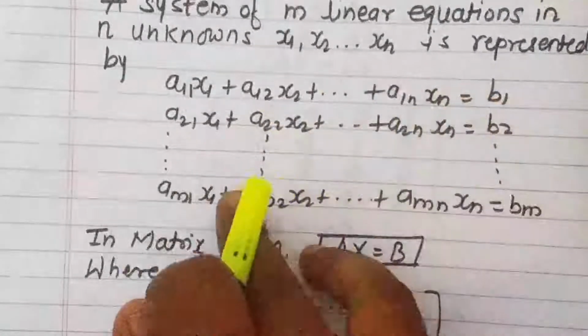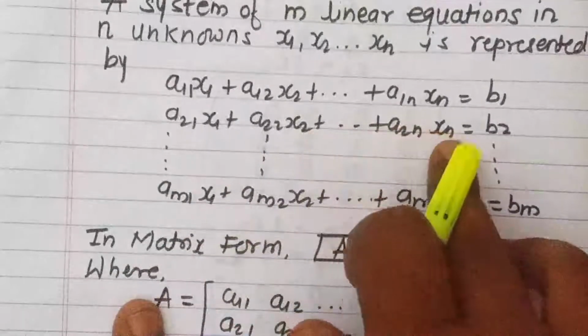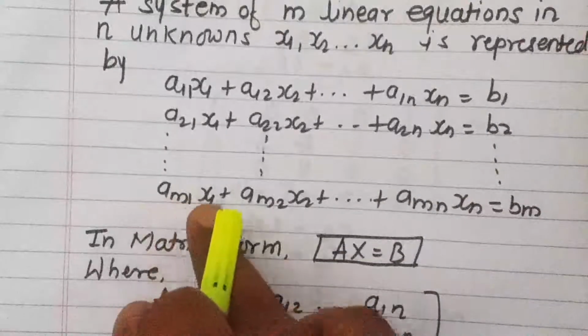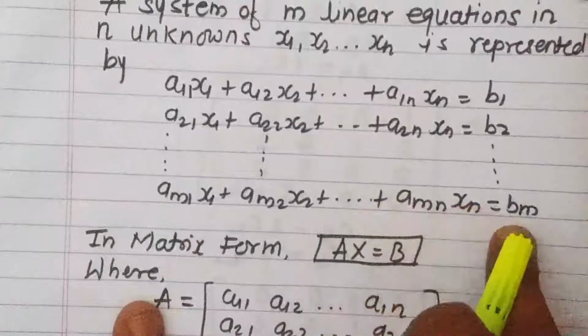This is the first equation. Second equation, a21 x1 plus a22 x2 plus a2n xn equal to b2, and the equation number m, am1 x1 plus am2 x2 plus dot plus amn xn equal to bm.